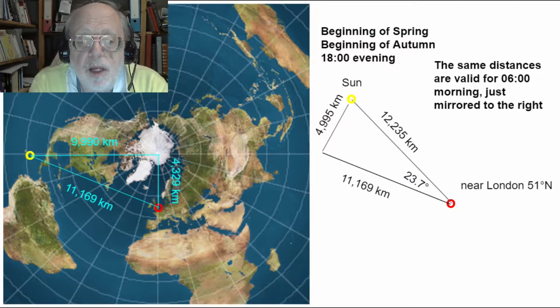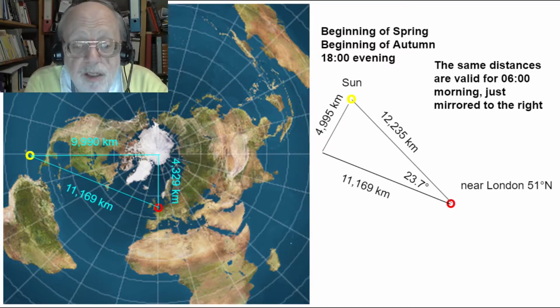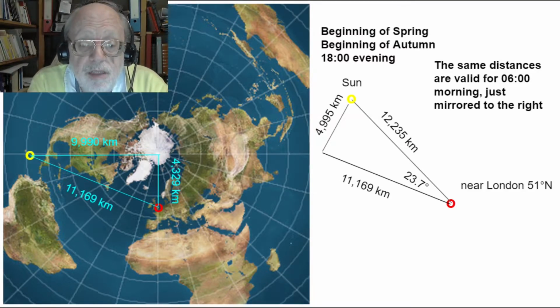The distance from London to the equator coordinates 90 degrees west-east is 11,169 kilometers, as we saw above. With the height of the Sun above the Earth 4,995 kilometers, according to Planar Trigonometry, we see it in the morning and in the evening at a flat Earth at an angle of 23.7 degrees.